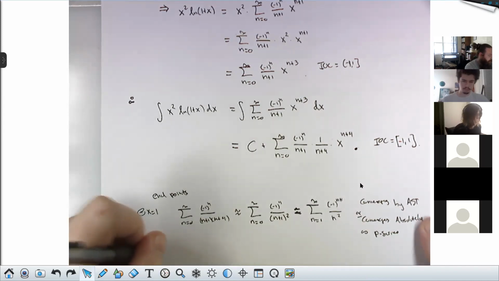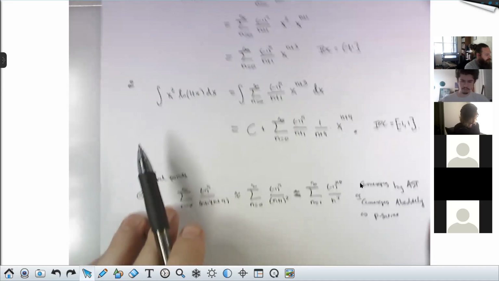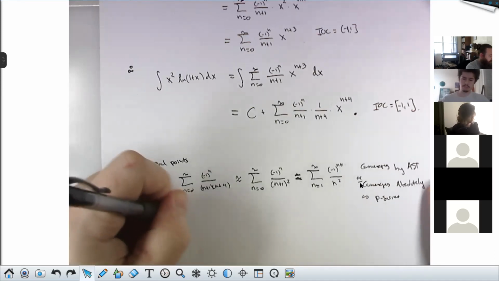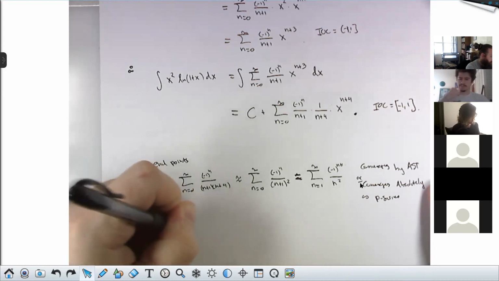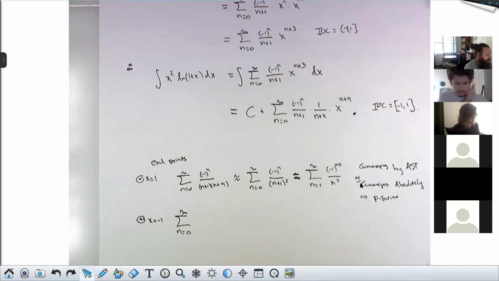I'm definitely not being precise here, right? This shaky equal sign is not rock solid logic. I'm just trying to convince you rather than prove rigorously here, because we're kind of done with our discussion on convergence. It's more about finding power series right now.